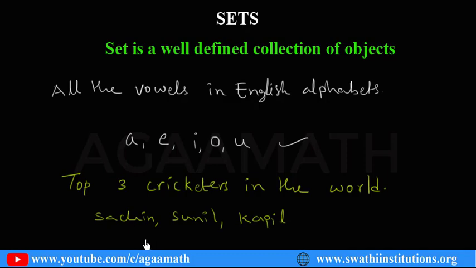So these are the top 3 cricketers in the world: Sachin, Sunil Gavaskar and Kapil Dev.